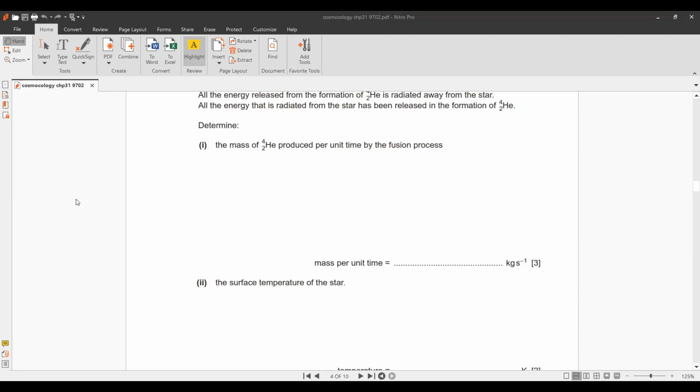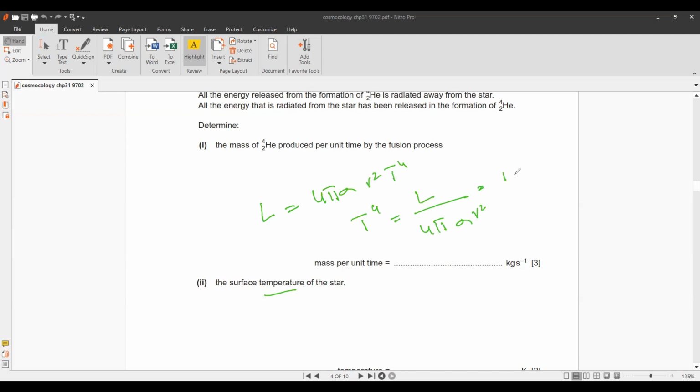L equals 4 pi Stefan's constant into R square into T to the power 4. They have asked us to find T, so T to the 4 would be equal to L over 4 pi into Stefan's constant into R square.